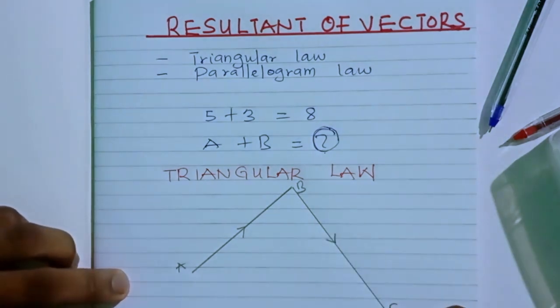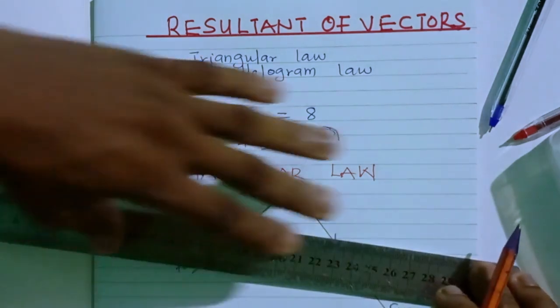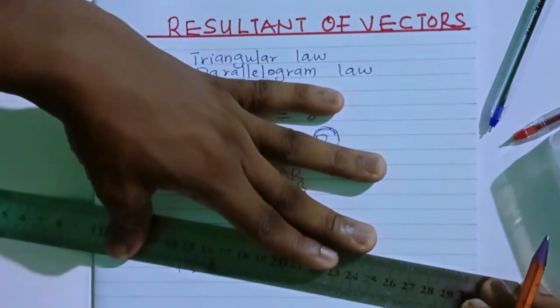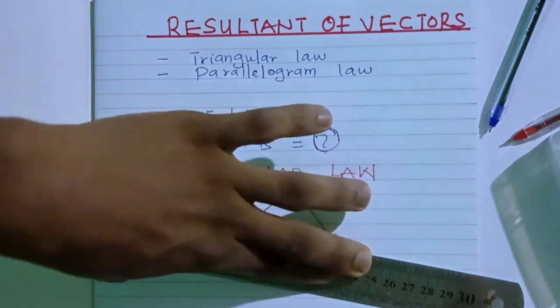So this is BC. Now to form a triangle, I need to join the third side. The third side now becomes the resultant of the two vectors.